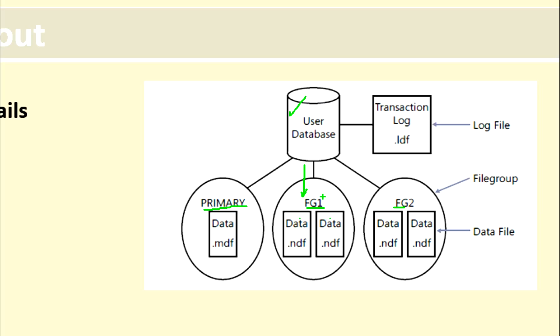That is the main purpose of file groups: to direct the data to a specific file. Similarly, you have the transaction log, which is the .ldf file. Those are the main two files a database consists of. Whenever we are storing data, all the data goes into the data files, and all the log information goes into the log file.